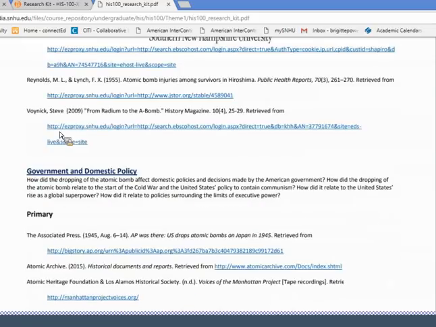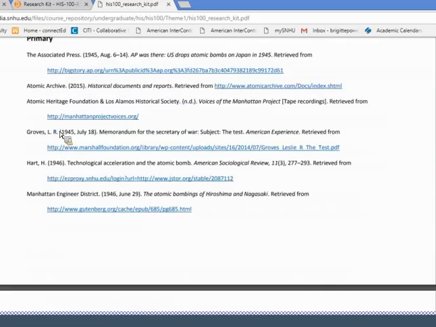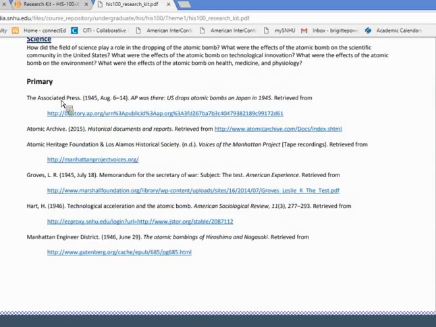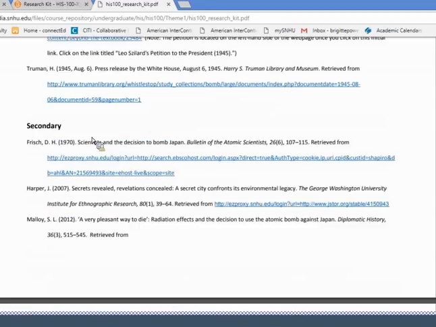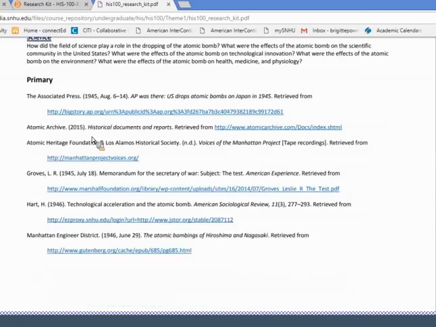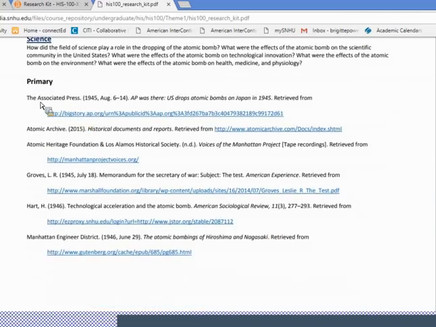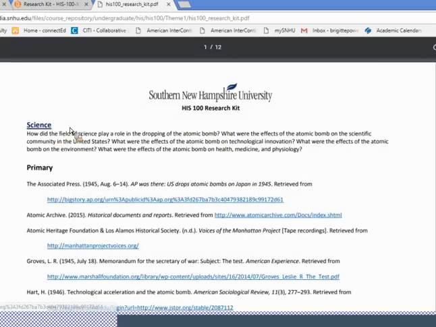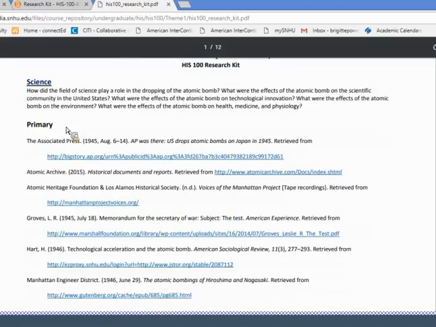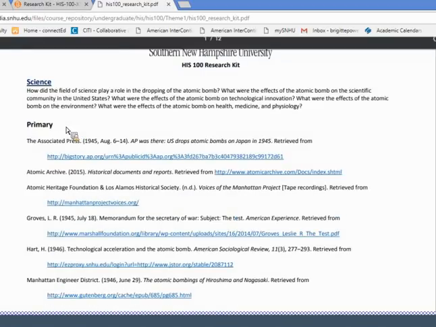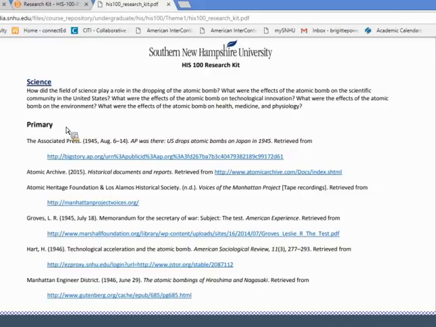The second part is that it's then divided up under each category into primary and secondary sources. So there's a very high-level organization here, and so what you will do is you will browse by topic choice. You will browse around and see what primary sources and what secondary sources you wish to use.